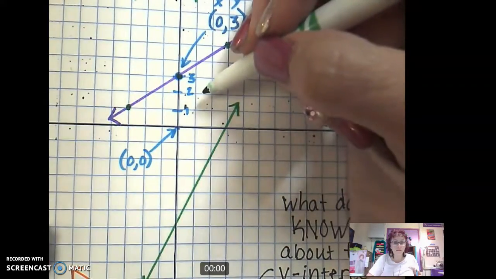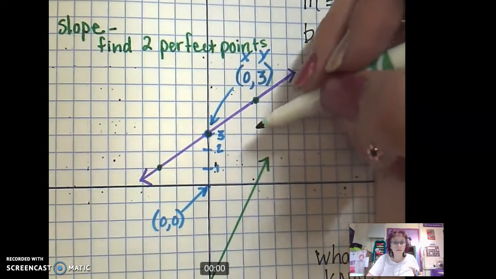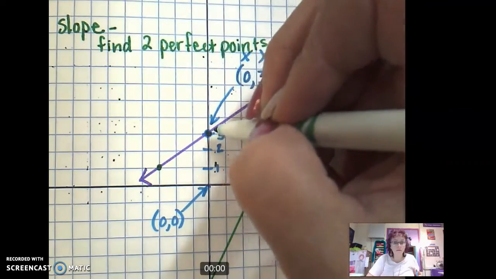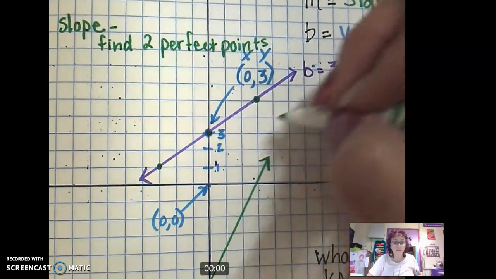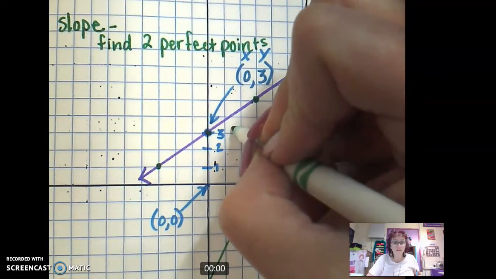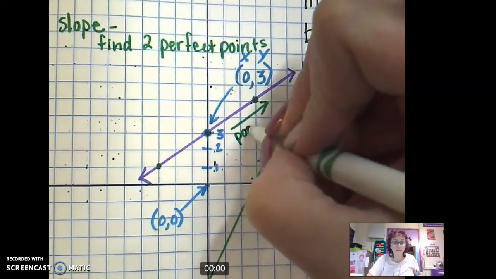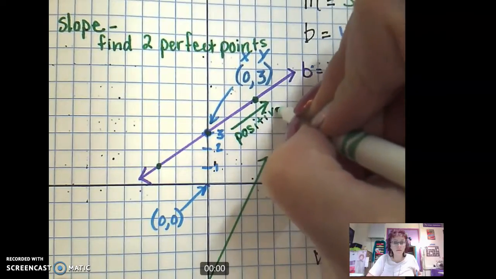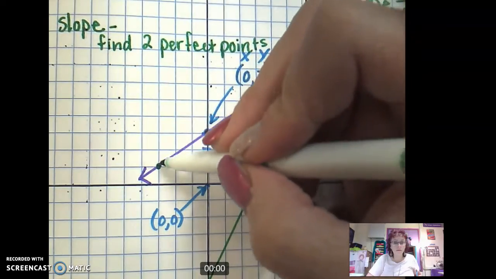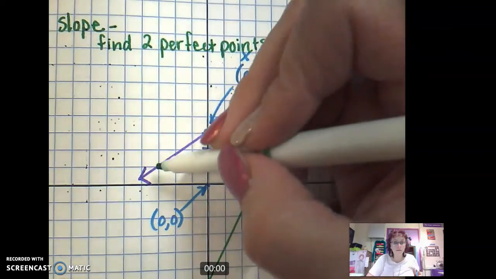All right, so we're going to find the rise over the run. So we want to know, first of all, this is a positive slope. From left to right, it is increasing. It's positive. Okay, and then we're going to go from one perfect point to another.